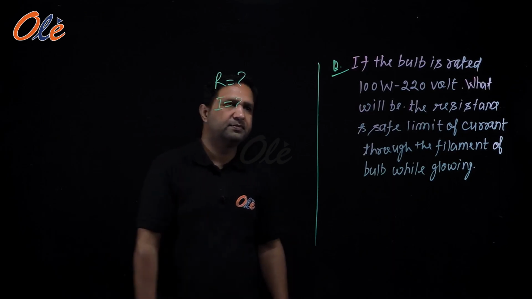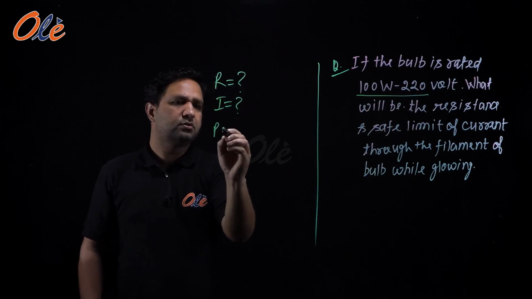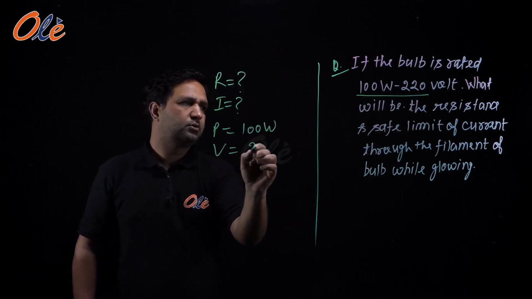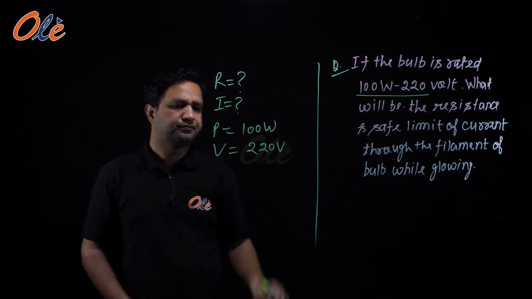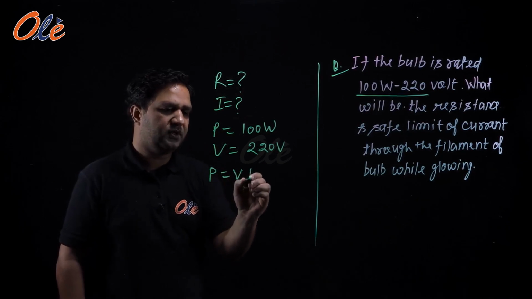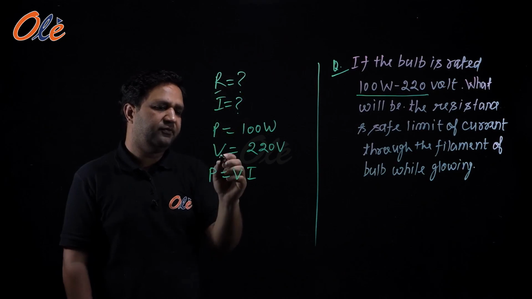So first we will measure R, and it is given P is equal to 100 watt, V is equal to 220 volt. So P is equal to VI, this we already know. Now you have to calculate R, and V is given to you.